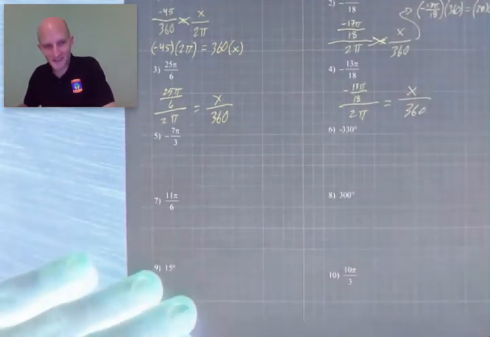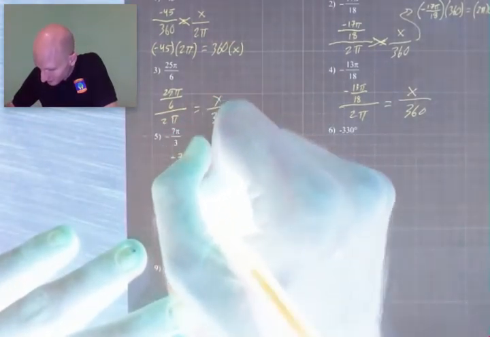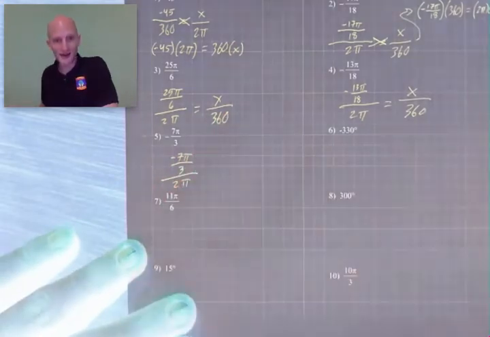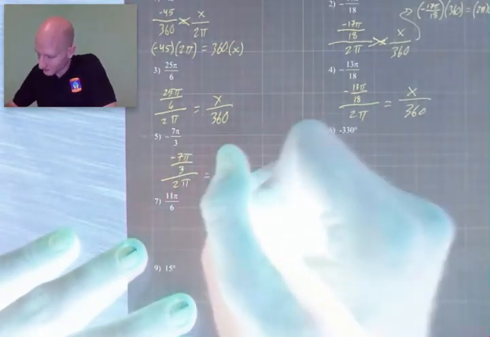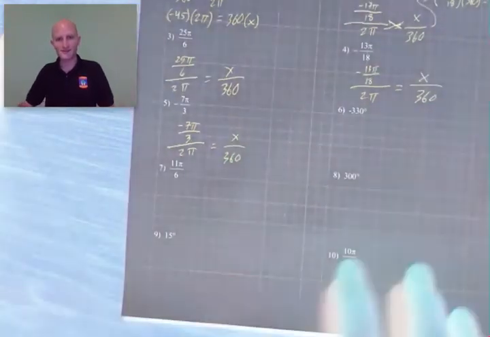Negative 7 pi over 3. Negative 7 pi over 3 over 2 pi equals what over 360, right?